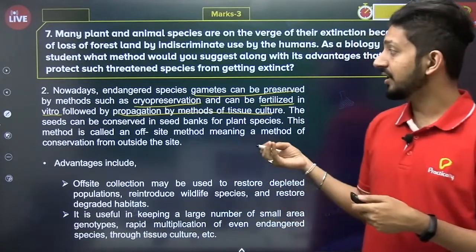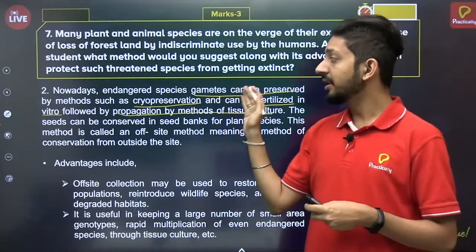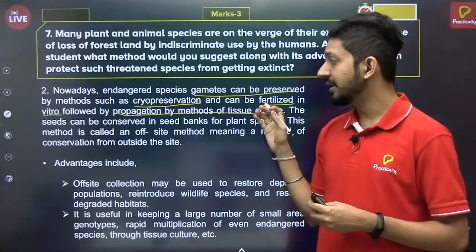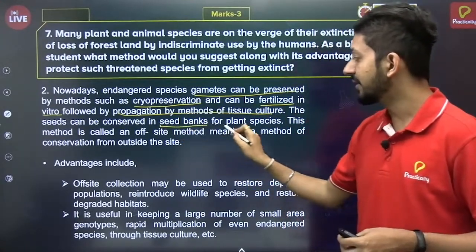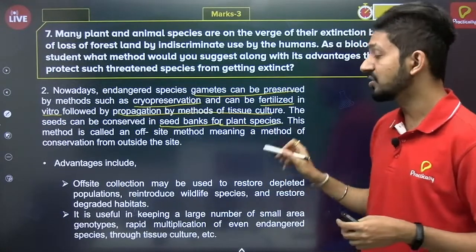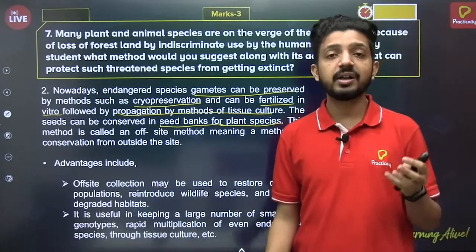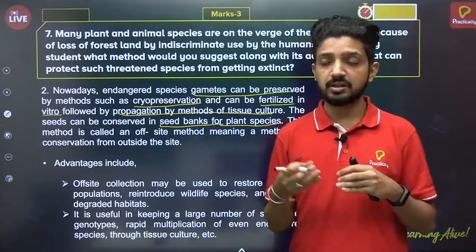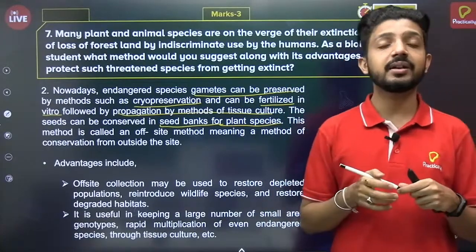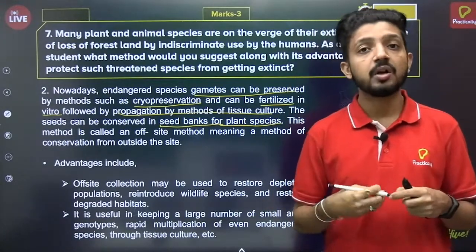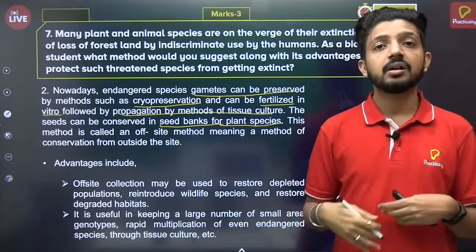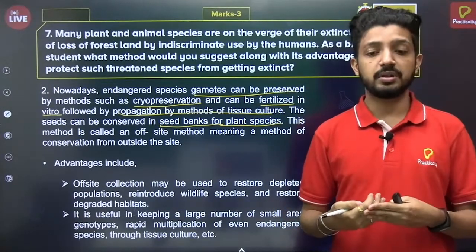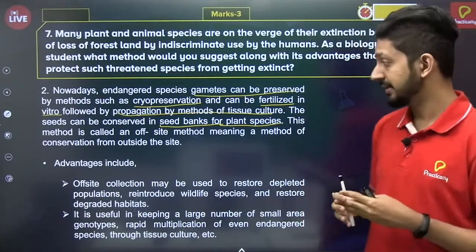For animal species we can preserve their gametes, and for plants there are seed banks, which are used for plant species. So basically the overall idea is we are trying to preserve their gametes, or in the case of seed banks the embryos, so that later whenever they are about to go extinct they can be grown in sufficient numbers to prevent them from becoming extinct.